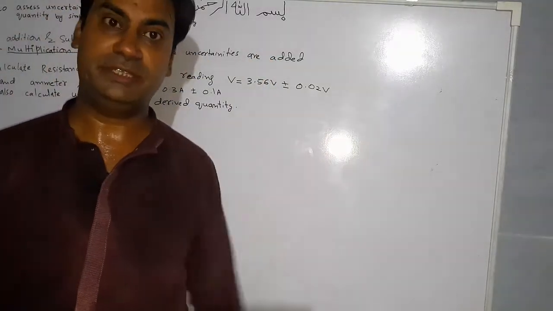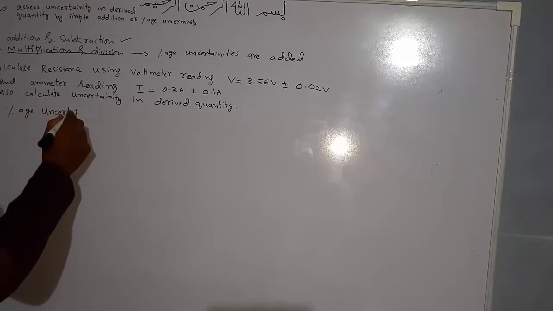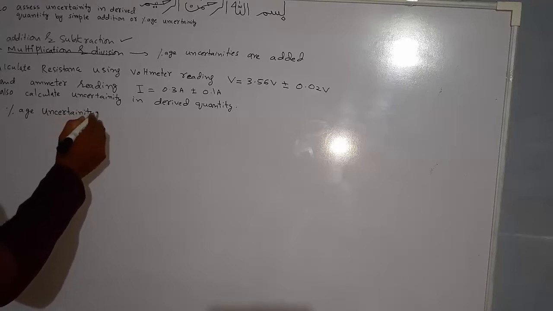Now the question arises: how do we calculate this percentage uncertainty? That is much easier. The percentage uncertainty has a formula.